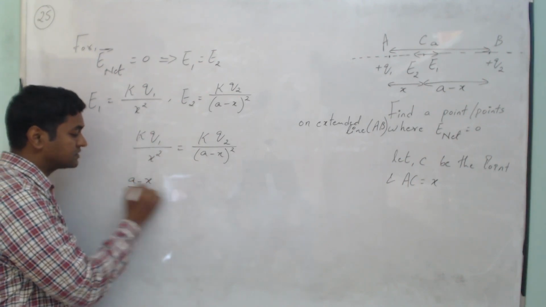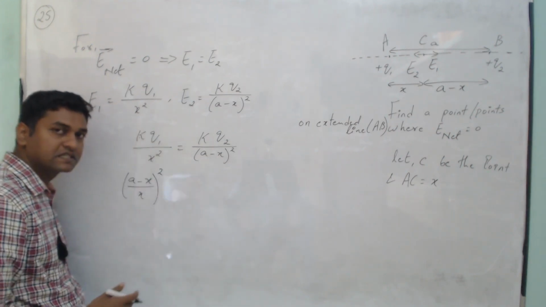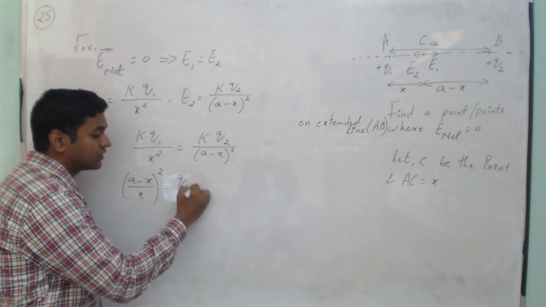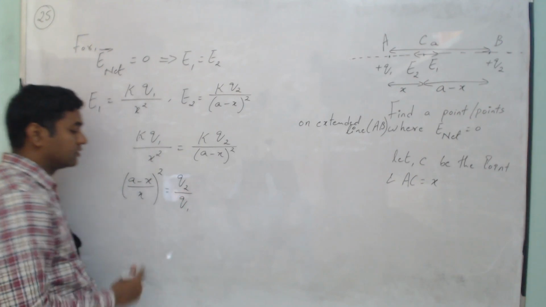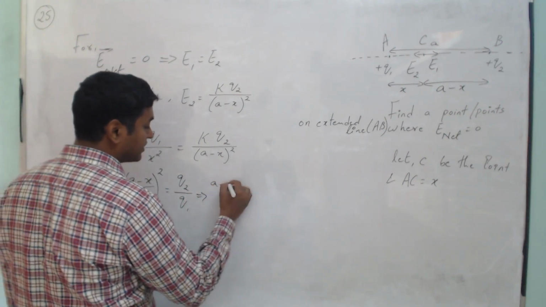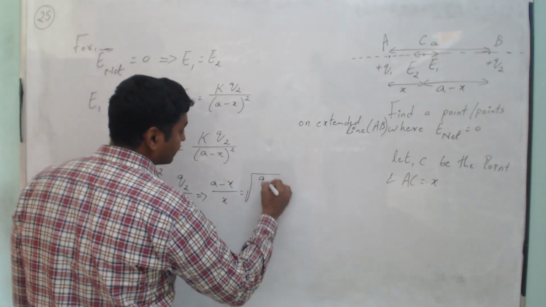So (a minus x) by x whole square will be my LHS, and RHS will be q2 by q1. Now doing square root from here, I'll have (a minus x) divided by x is equal to under root of q2 by q1.